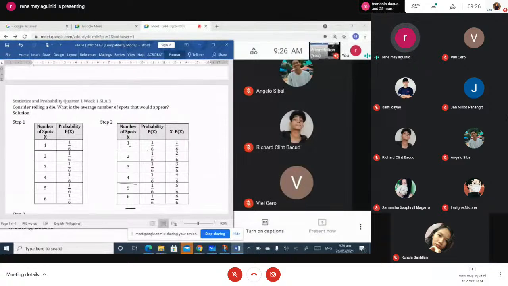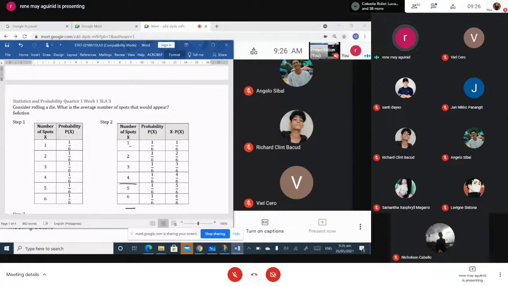So the probability is 1/6 because isa ra man gid ang naa nga die, isa ra man ka roll. So 1/6 silang tanan.